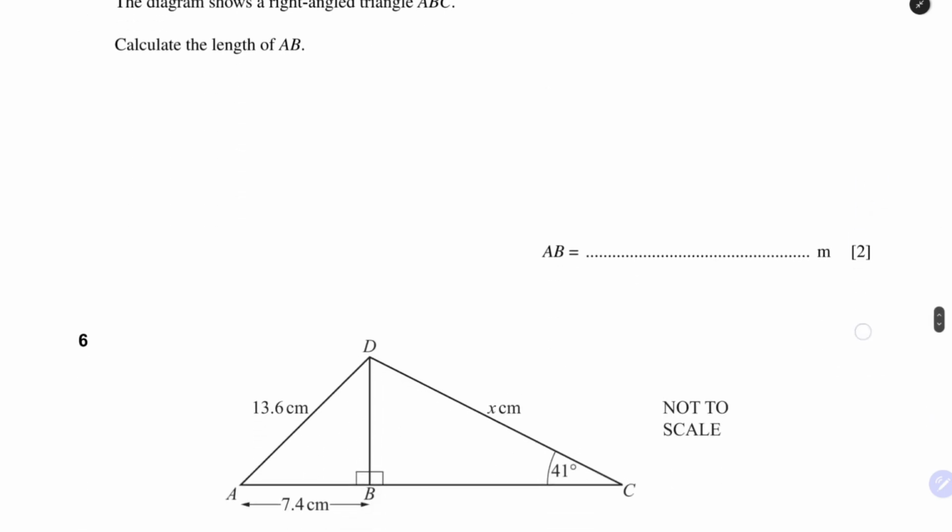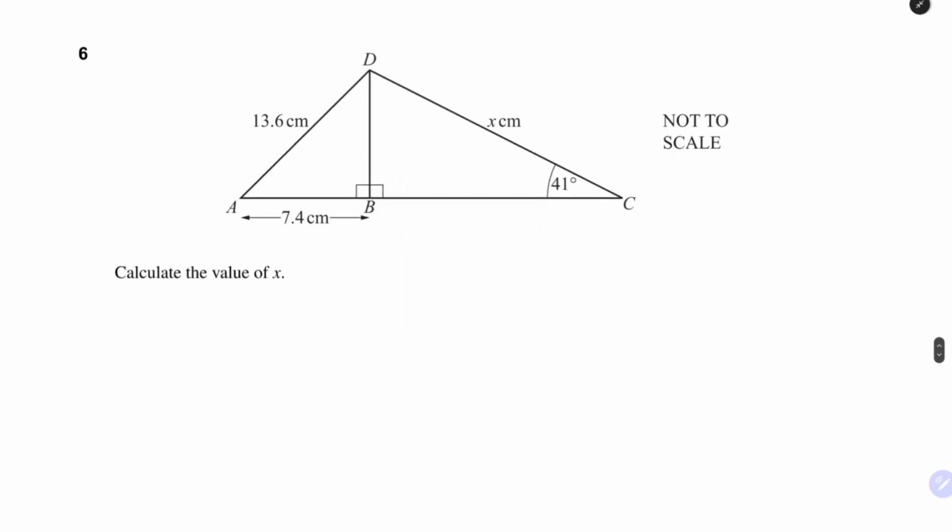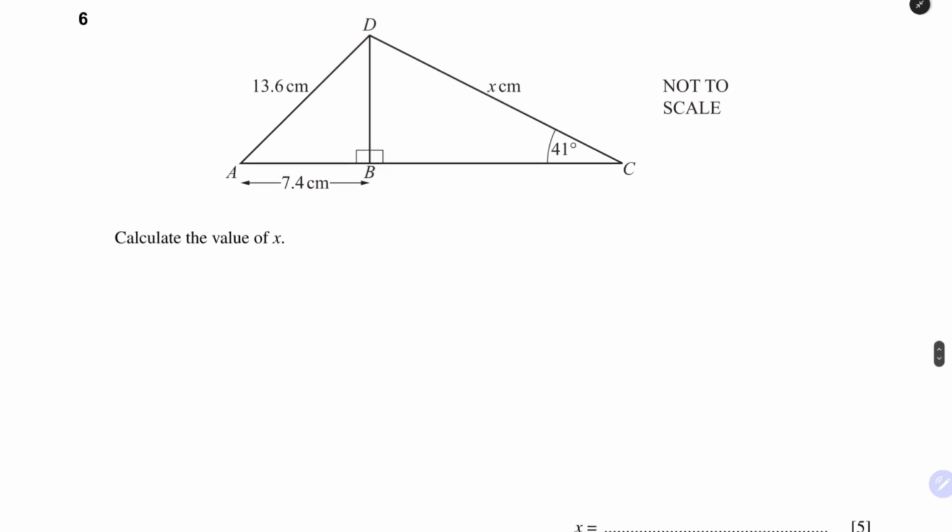Let's get right on into question number 6. Now, question number 6 is a bit more interesting than the previous questions. Why? We've been asked to find the length or the value of x. X is right here. Taking a very good look at this question, you need to understand what is going on here.